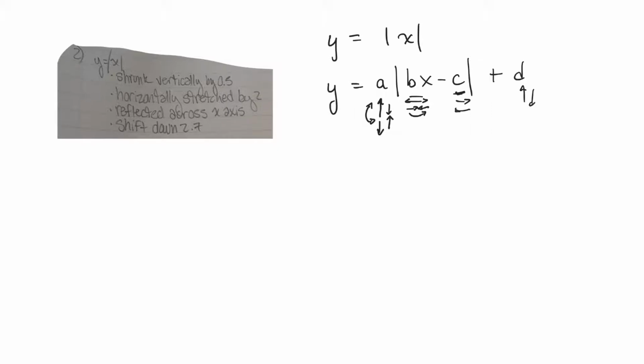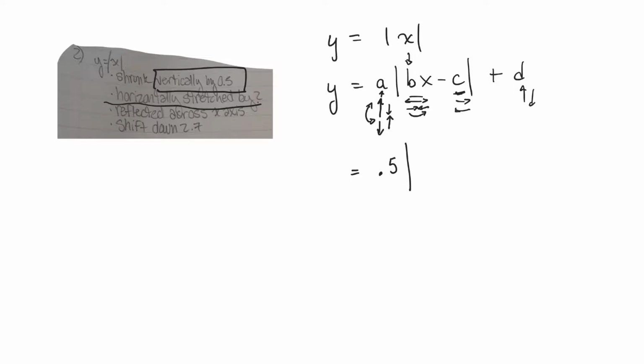So they say it's vertically shrunk by 0.5, so that's got to be the A value. If it's vertically shrunk by 0.5, then A has to be 0.5. Okay, absolute value. Then horizontally stretched, that's the B value, by a factor of 2. Well, we know it's opposite for B, it's opposite which way things go.